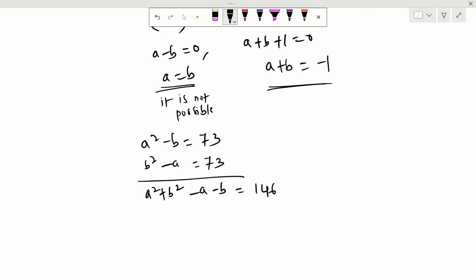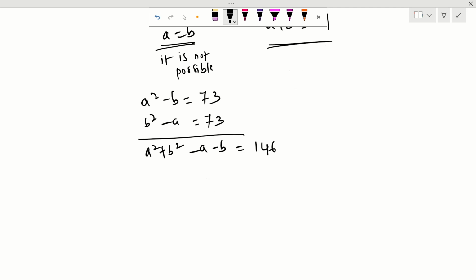Adding these two equations, we can write A square plus B square, and taking minus common, A plus B is equal to 146, right?